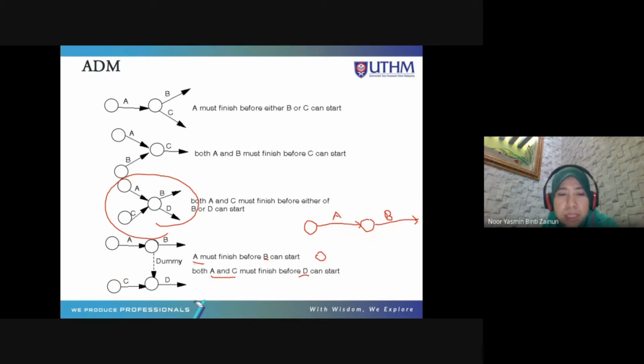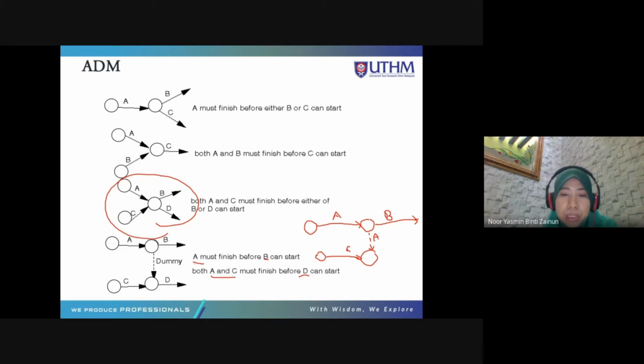So the dummy here is C. The arrow goes down to the node. Why the arrow down? It means A and C. Actually, we transfer the A here, but we cannot put the same activity on a second arrow.